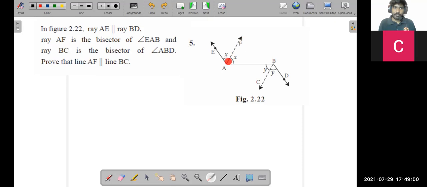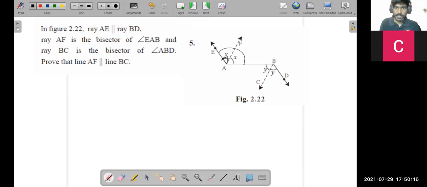AF is a bisector of angle EAB. Now, what do you mean by angle bisector? It divides your angle into two equal parts. So AF is the angle bisector of EAB, dividing this entire angle into two parts.